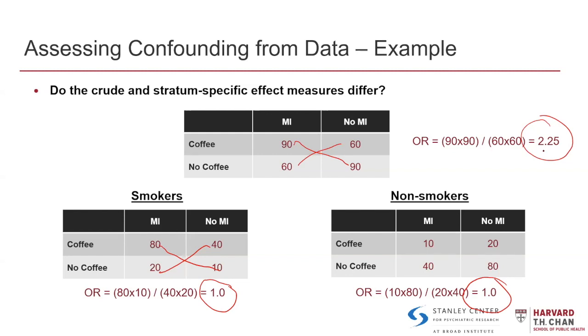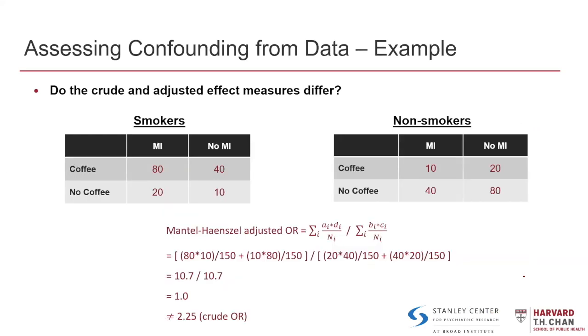Yes, 2.25 is different from 1.0. So we have strong evidence that smoking is a confounder. Based on the calculations that we have made, smoking is a potential confounder.